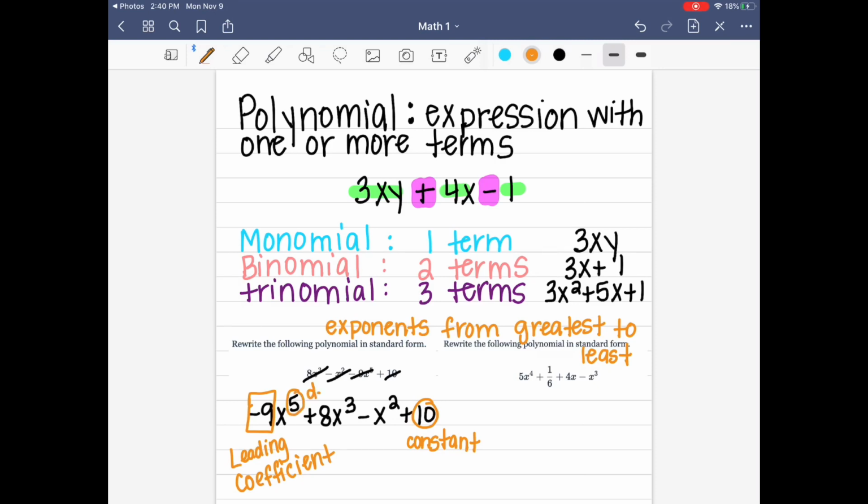And then the largest exponent is called the degree. All right, so I'm going to say that again. The constant is the number without a variable. I have my leading coefficient, the number that's being multiplied in front of the whole standard form polynomial. And then the largest exponent is the degree.